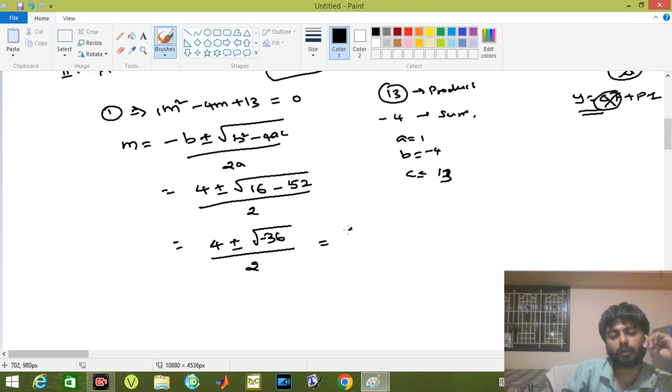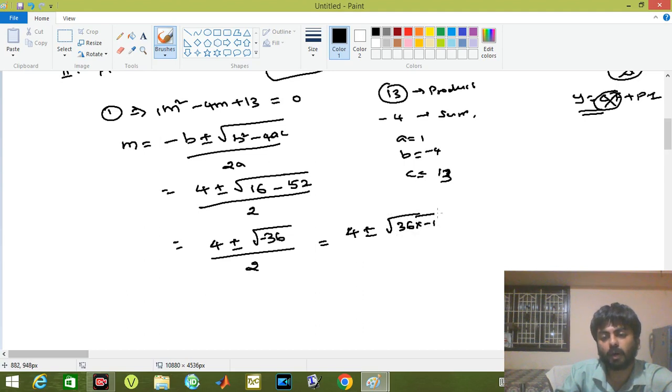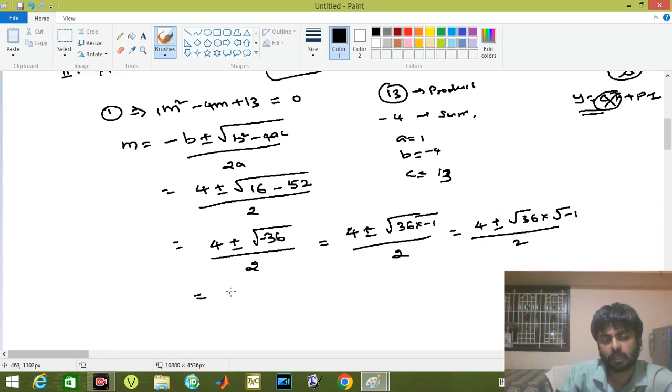This is equal to 4 plus or minus root of, I shall split it like this, root of 36 into minus 1 divided by 2, because some of you may not be aware of this. 4 plus or minus root 36 into root of minus 1 divided by 2. So it can be written as 4 plus or minus, root 36 is 6, root of minus 1 is i.